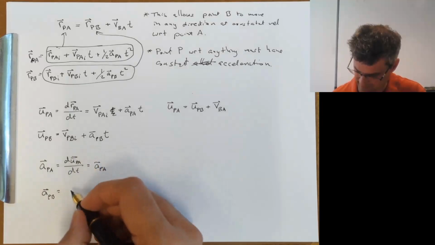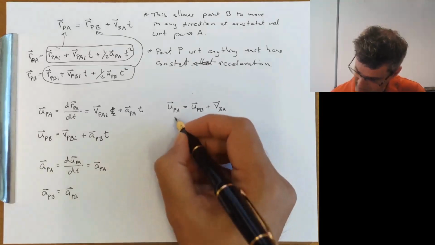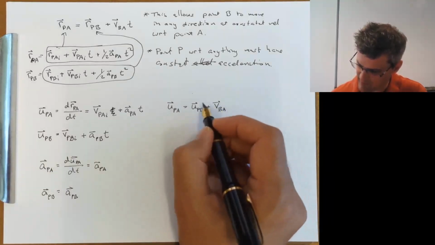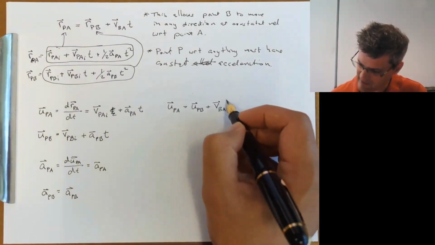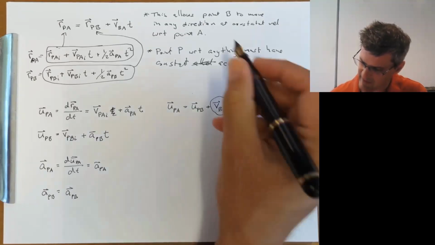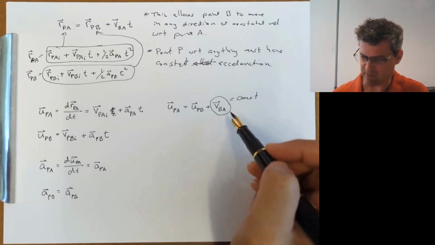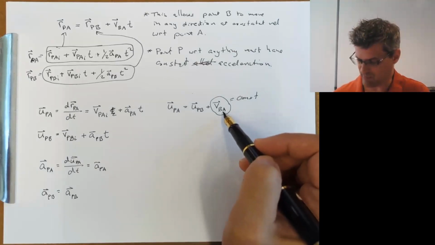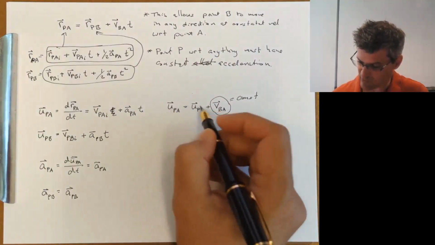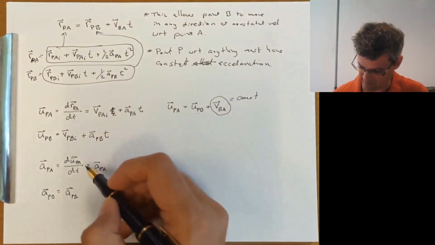The only thing that's left over is a PB. But if I go here and I take the derivatives of both sides of this, VBA is a constant. That's what we were saying up here. Point B is moving at a constant velocity with respect to point A.